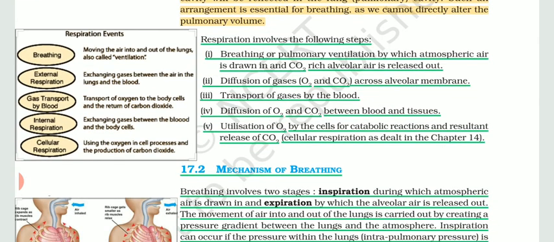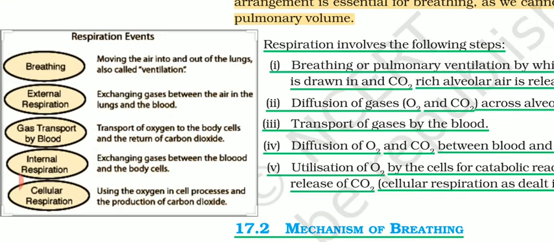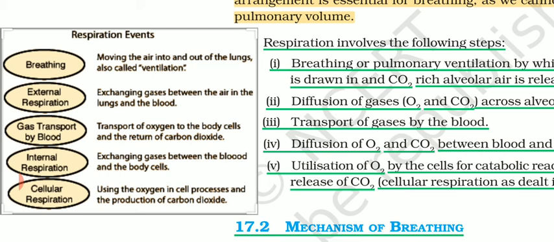On the left hand side, you can see the various definitions written, like breathing, external respiration, gas transport by blood, internal respiration, and cellular respiration. So you can see how schematically we are moving from breathing to the respiration process. It is not just a one-step process where oxygen has been inhaled and now respiration has been done.